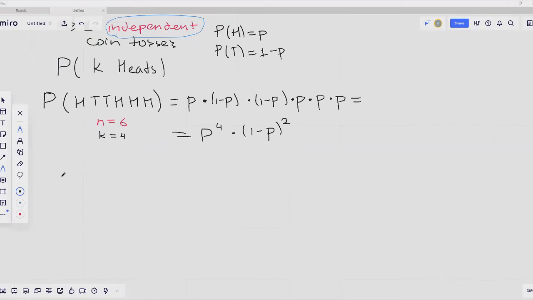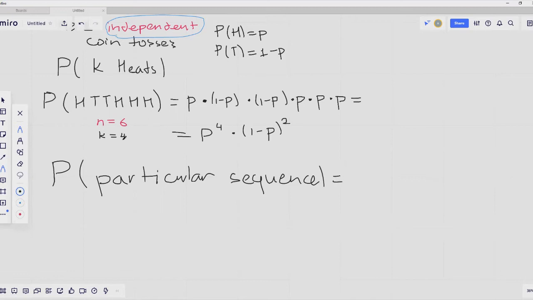Now let's try to generalize our problem and let's try to find probability of some particular sequence, by following the derivations of our specific example.